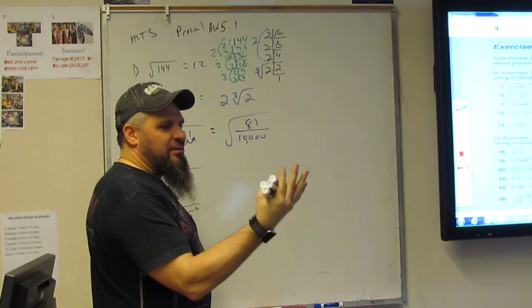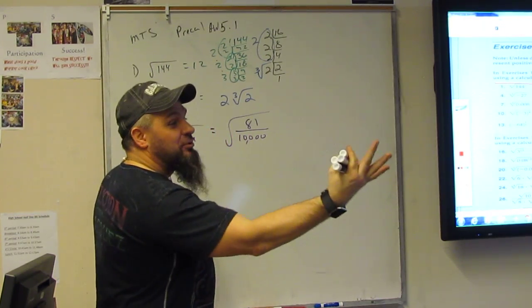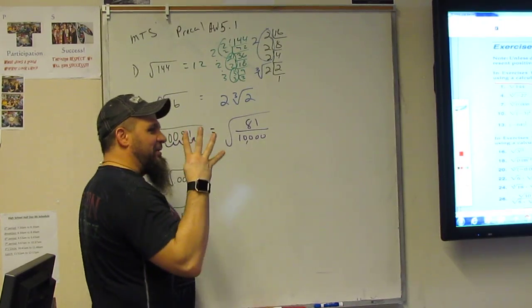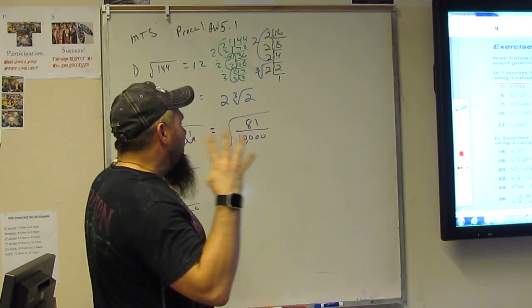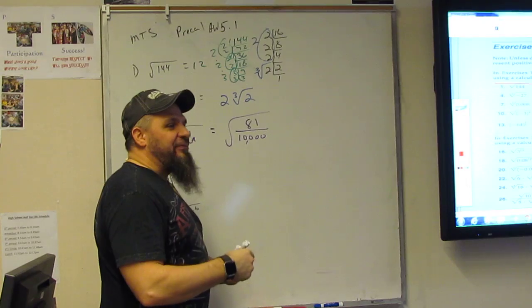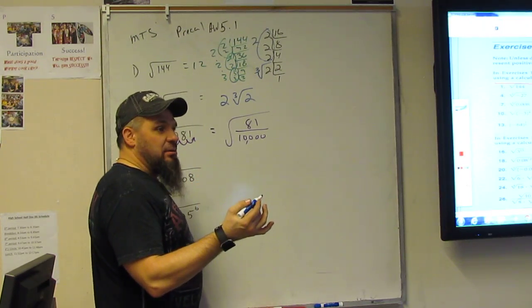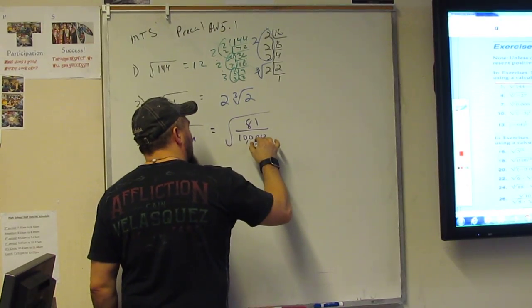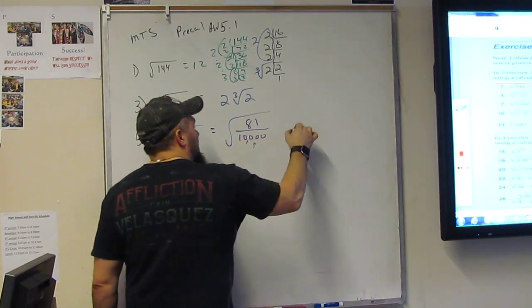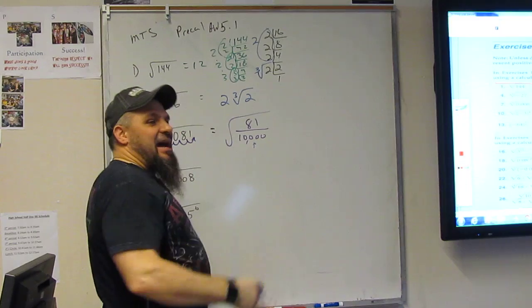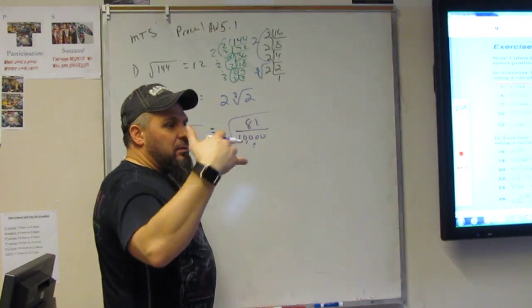So 4 zeros, what's half of 4? 2. So basically, the square root of 10,000 would be 100.